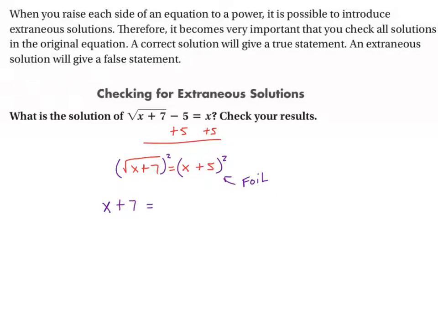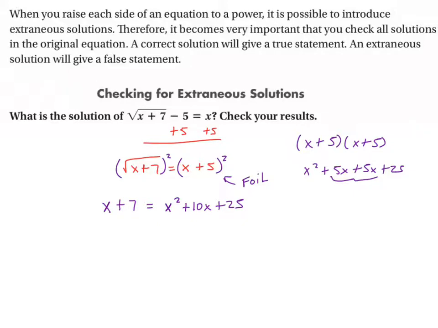On the right, we are essentially taking x plus 5 times x plus 5. So that would be x squared plus 5x plus 5x plus 25. Combine like terms. So we've got x squared plus 10x plus 25.